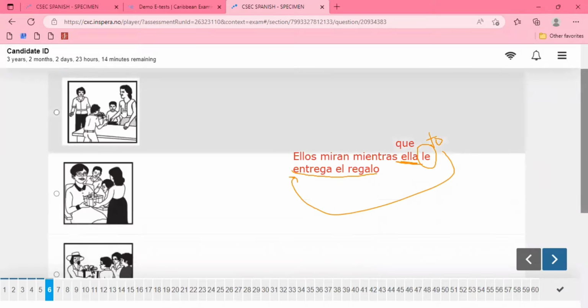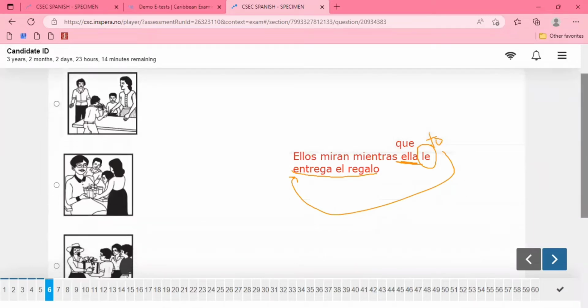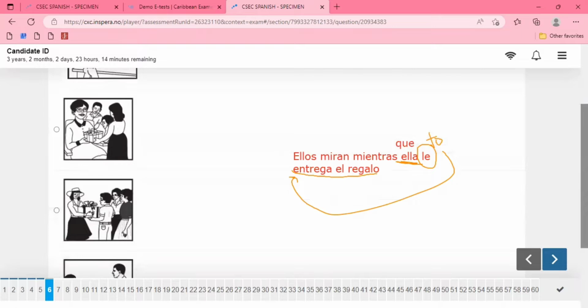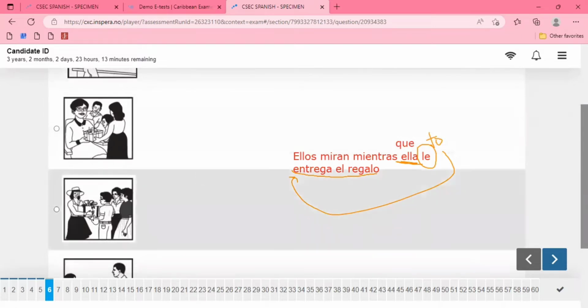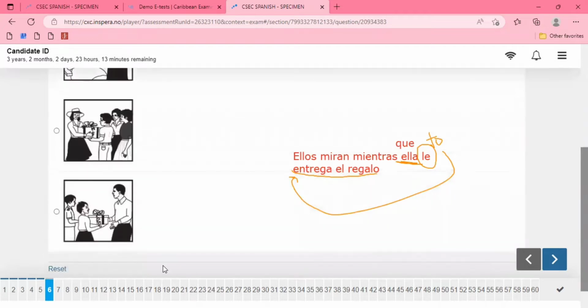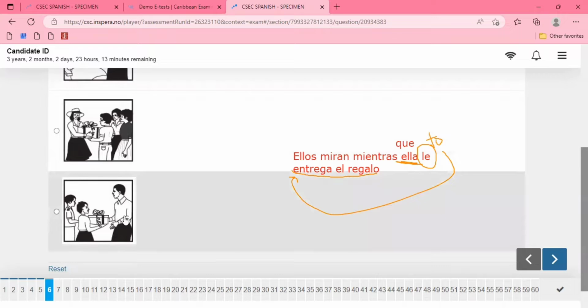So right here we have a boy giving the gift or probably receiving. Right here we have a lady handing over a gift based on how she's holding it. You can see that she's handing the gift to the boy. And right here, we do have a female handing over a gift, but there's only one person beside her or in that space.